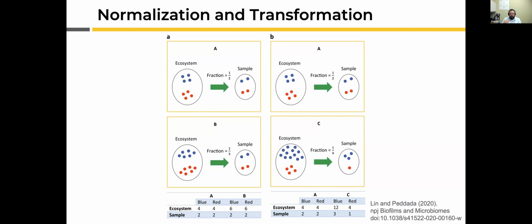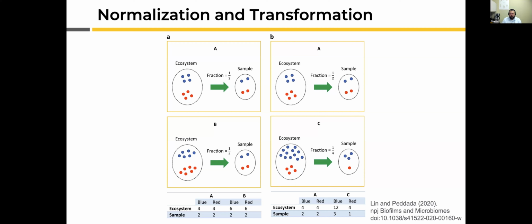So in the top box we have 2 each of blue and 2 of red, and in the bottom box, we have 2 of blue and 2 of red. So even though we have the same number of measurements between them, those measurements represent different fractions of the true ecosystem.